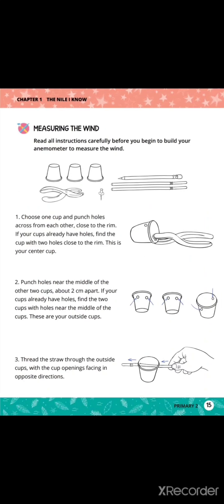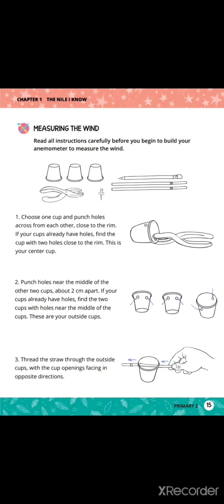Turning to page 15, measuring the wind. Read all instructions carefully before you begin to build your anemometer to measure the wind. Number 1. Choose one cup and punch holes across from each other, close to the rim. If your cups already have holes, find the cup with the 2 holes close to the rim. This is your center cup.